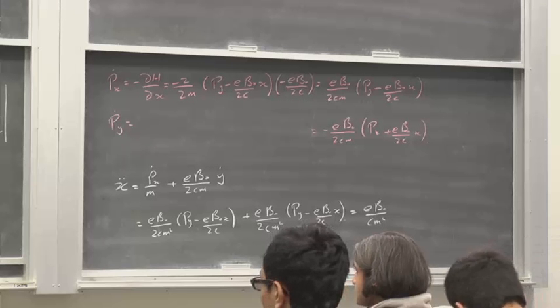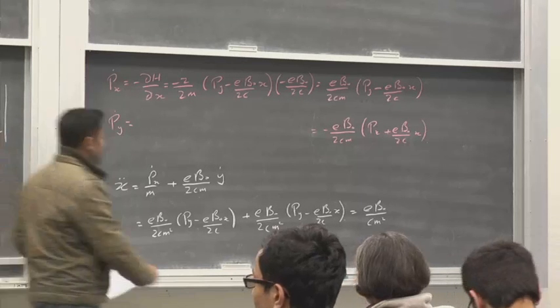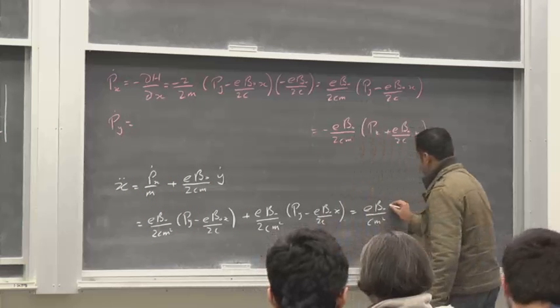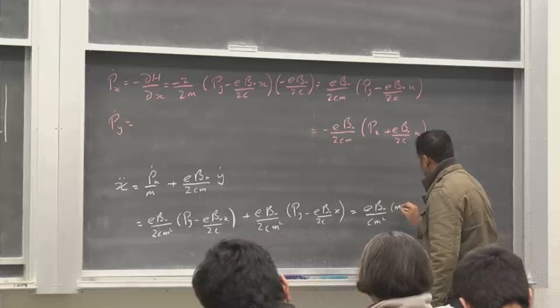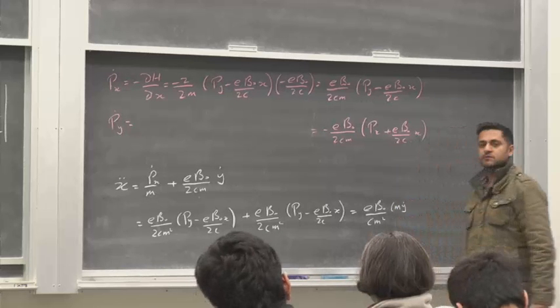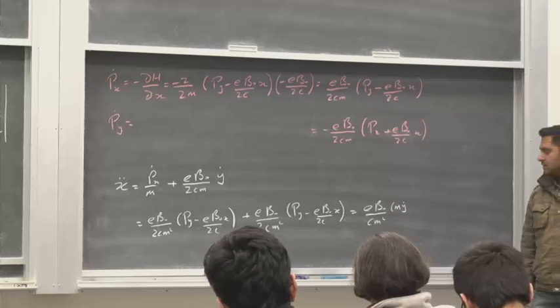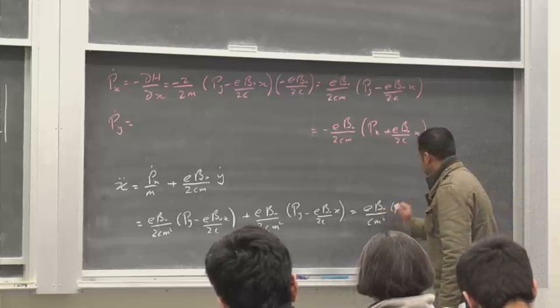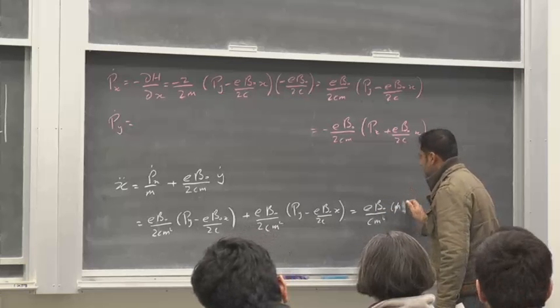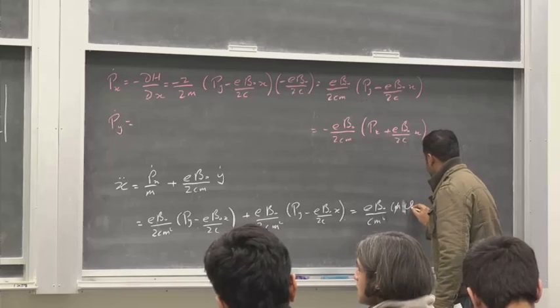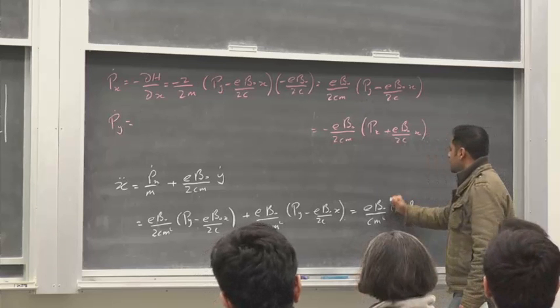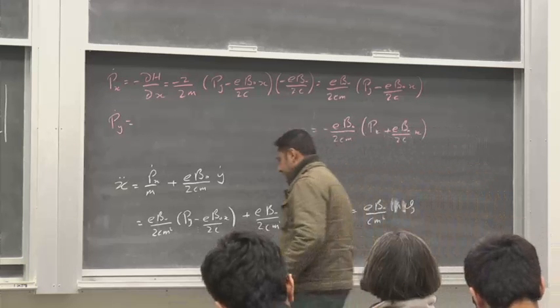And I have an m squared over here. So this whole thing is equal to m y dot. So this m I can cancel, and this y dot I can instead write as vy. So this is my first equation.